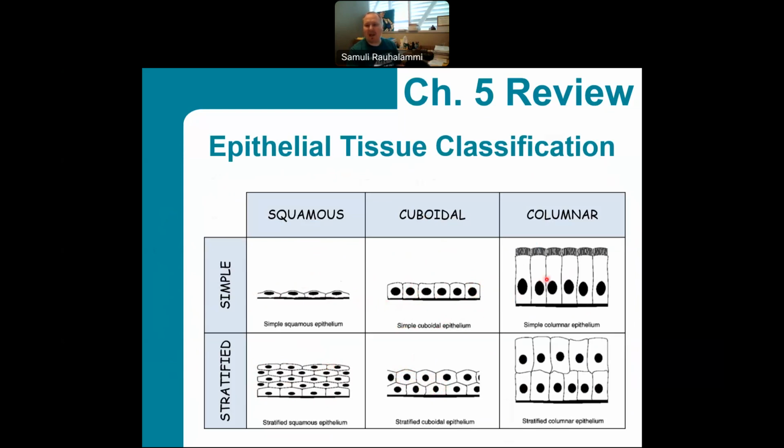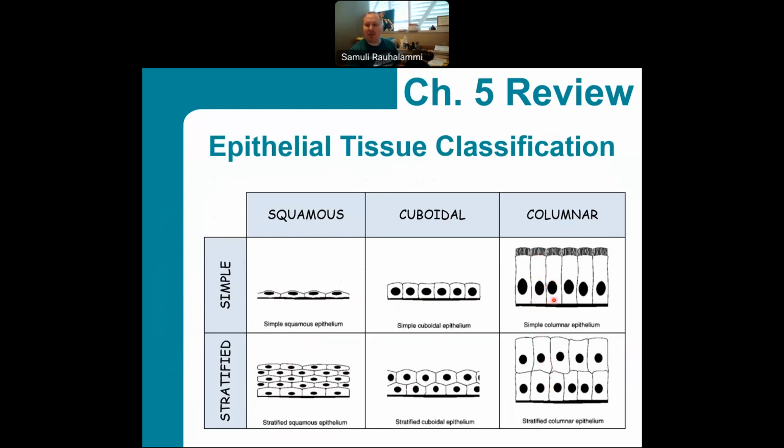And finally, we have columnar epithelia. Columnar epithelia look like pillars or columns, if you wish, and again we can classify them based on the number of layers, so simple columnar epithelia here, or stratified columnar epithelia.